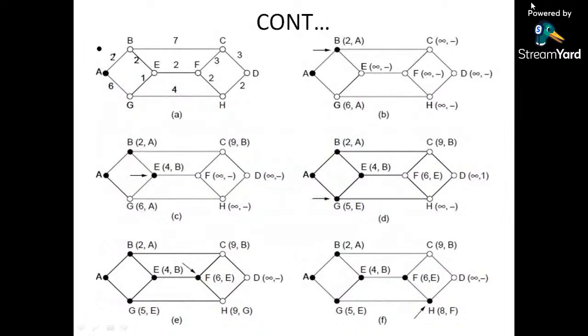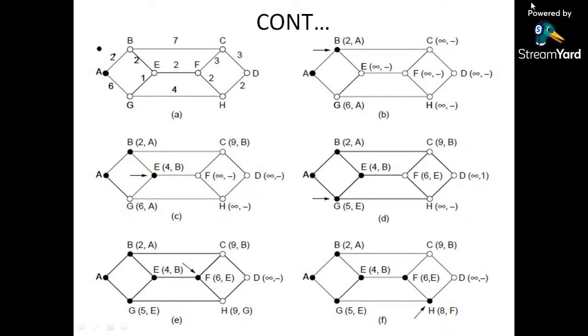So an example is given here. There are routers A, B, G, E, C, F, D, H. Cost is given for the distance between two routers. First start with node A. There are two nodes, B and G. The cost of G is 6 and the cost of B is 2.